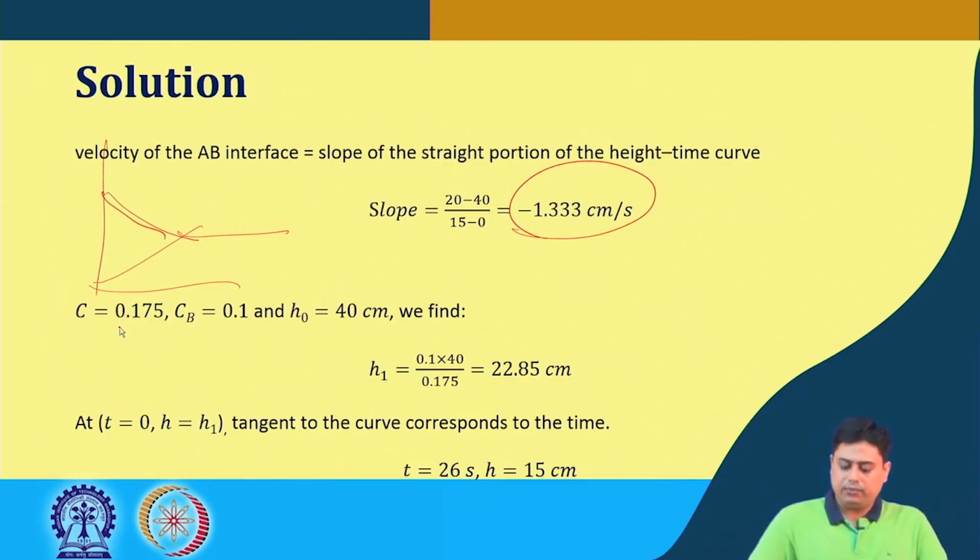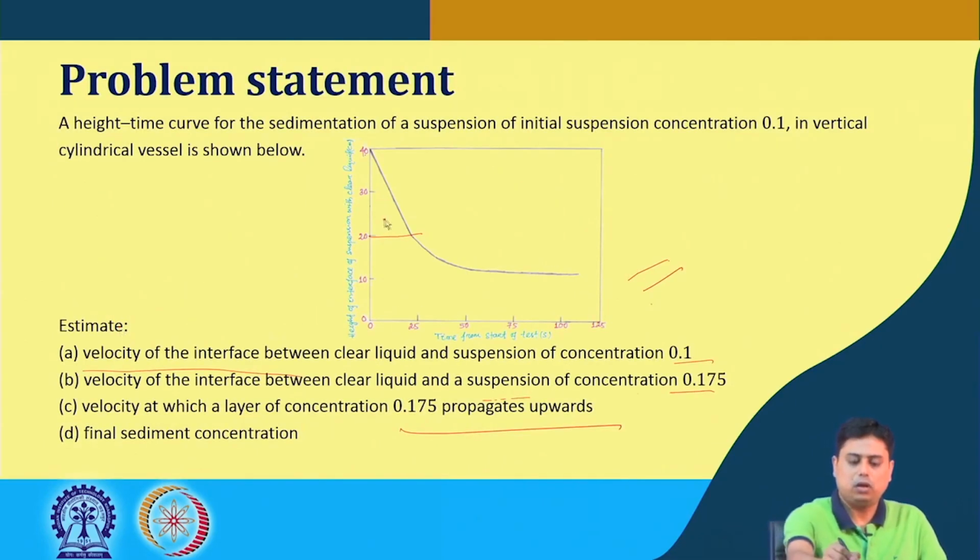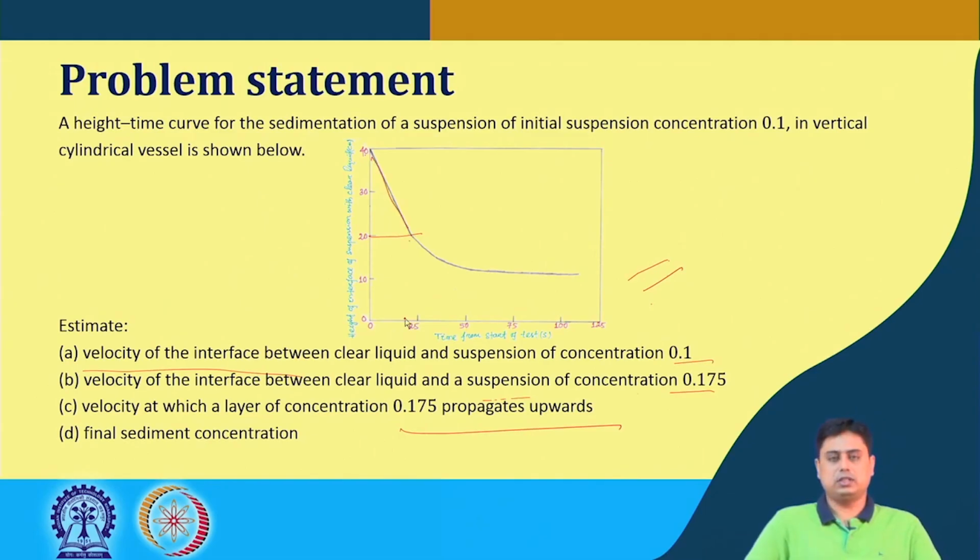So, we can easily find the slope of this portion. That would be our result for the first part, the velocity of the interface between clear liquid and the suspension of concentration 0.1, because this is the curve given for the initial suspension concentration of 0.1.